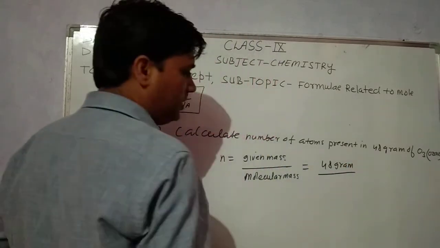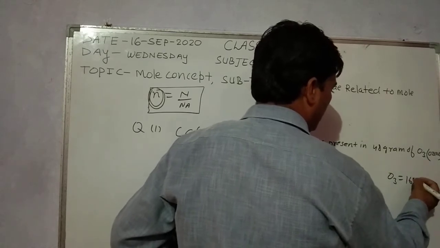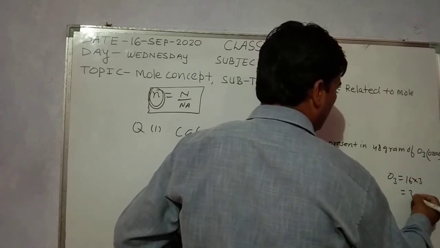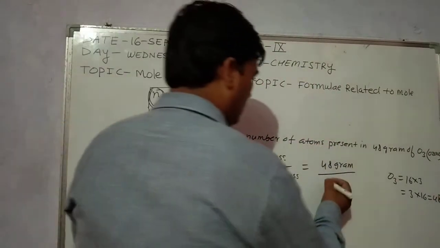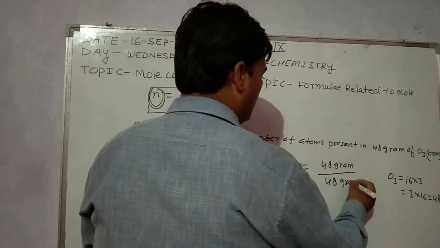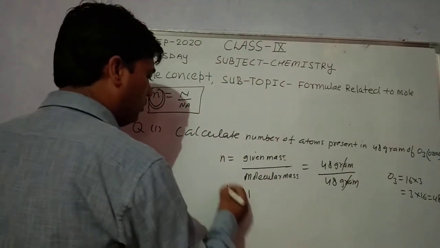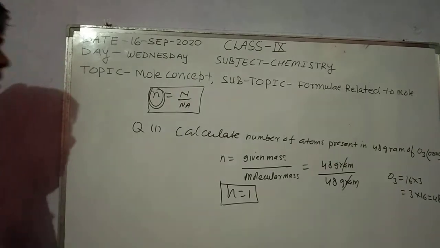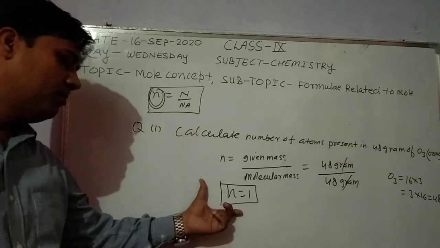What is the molecular mass of ozone? O3 is 16 into 3, that is 48, so 48 gram. Gram cancels. The number of moles is equal to 1.